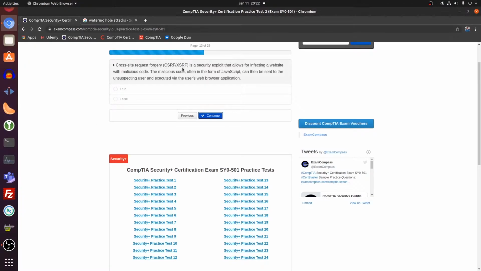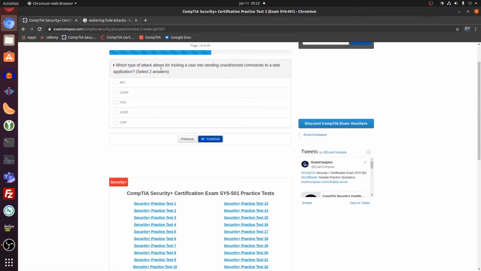Cross-site request forgery is a security exploit that allows request forgery. Infecting a website. Yeah, I'll go for true.